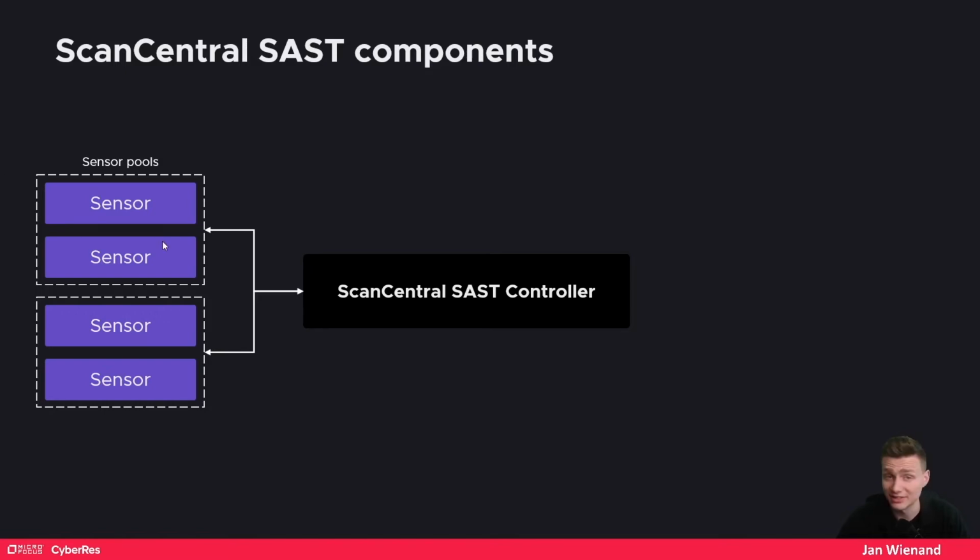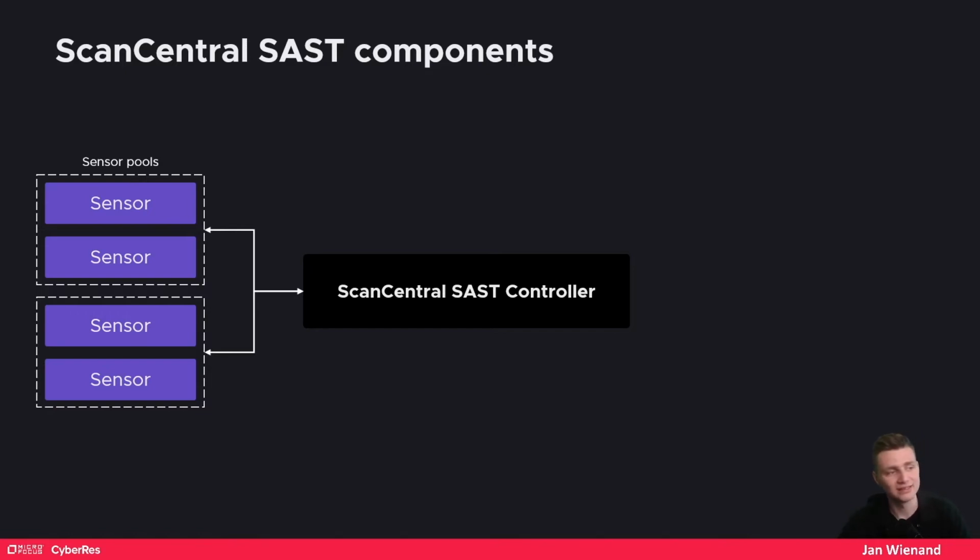For example, if you have a pool with low hardware capacity for something like microservices that you want to scan, you can easily set up some sensors with low hardware and put these into a sensor pool called low hardware, for example. And you can also set up some sensor machines with heavy hardware so that you can actually run bigger scans on it very smoothly. Then you can create a sensor pool called heavy hardware or whatever you want.